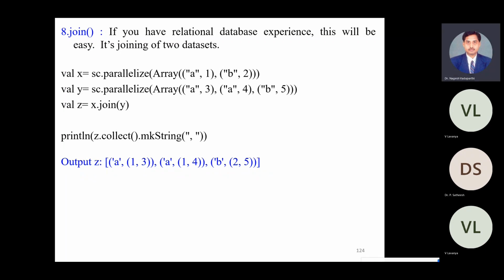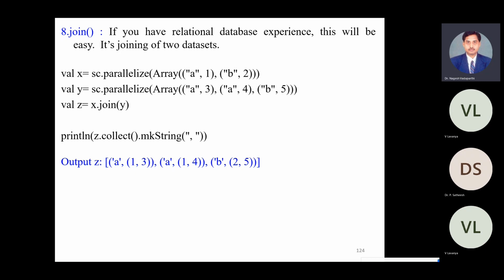So now the output variable, it will print like this: print z.collect.mkString with a comma. Now I'm using a separator with the comma. So with A, how many numbers are there? Please check in the X and Y input data sets. A with 1 comma 3 is there. A with 1, A with 3 is there. Then A with 1 comma 4 is there. Joining. And B with 2 comma 5 is there in the X and Y input data sets.